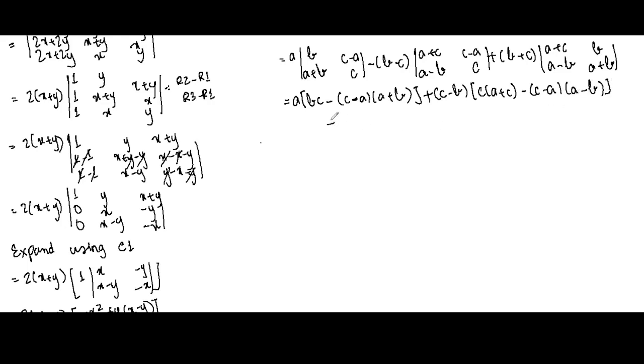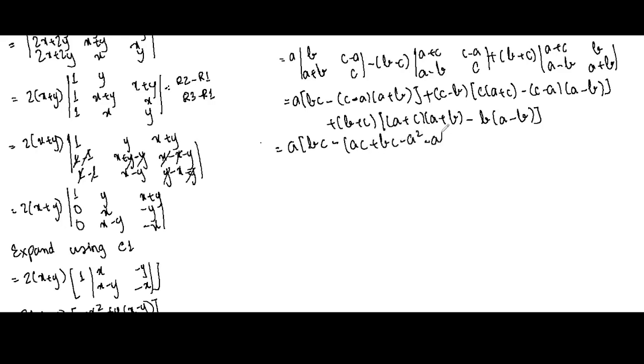Then the third element is plus b plus c into a plus c into a plus b, and then minus b into a minus b. It is equal to a into b minus c, bc minus, then we are going to multiply these two brackets together. So we get ac plus bc minus a square minus ab.